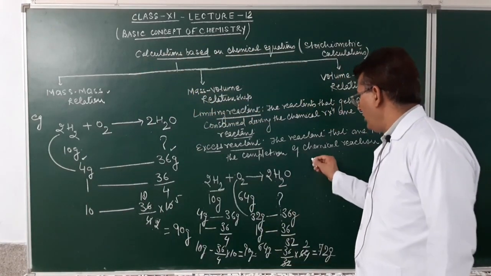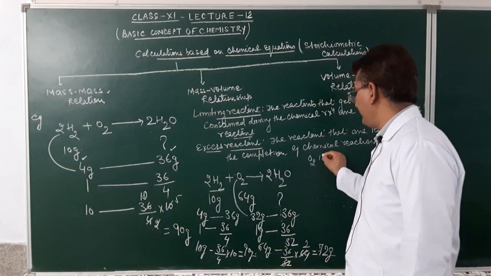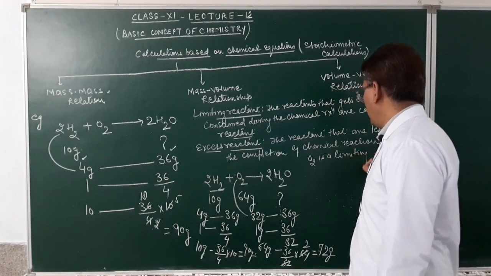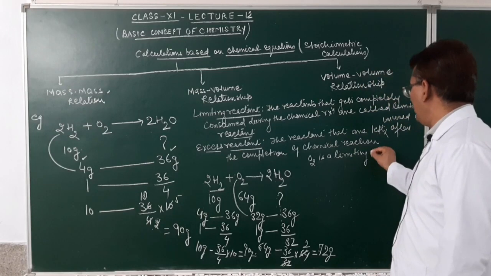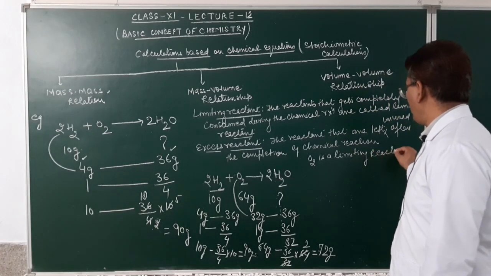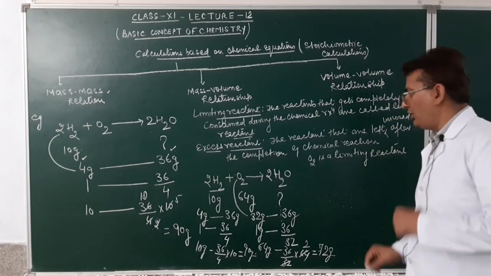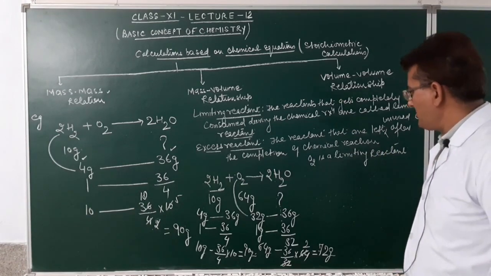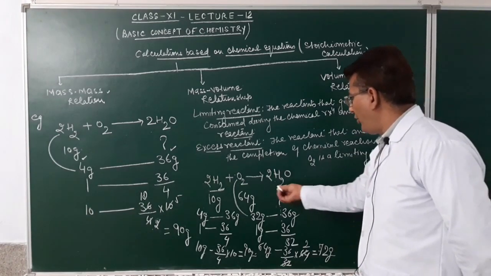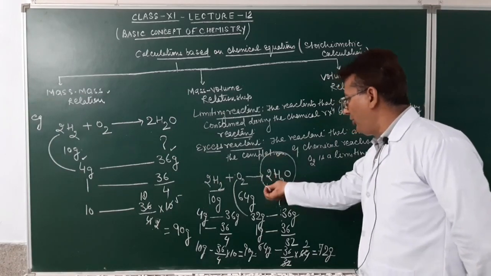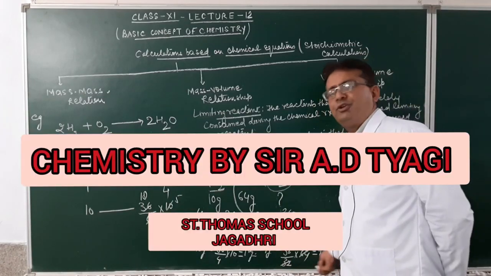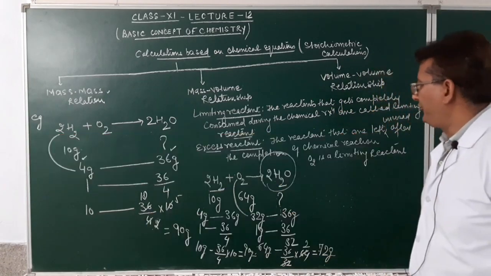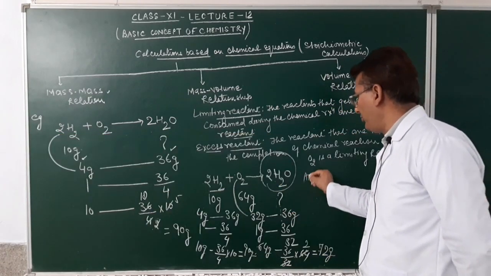So over here, oxygen is the limiting reactant, because with oxygen, a lesser amount of water is formed. Is it getting clear? So, what amount of water will be considered to be formed, 90 or 72? Which one is lesser? 72. So the answer will be 72 gram of water is formed.